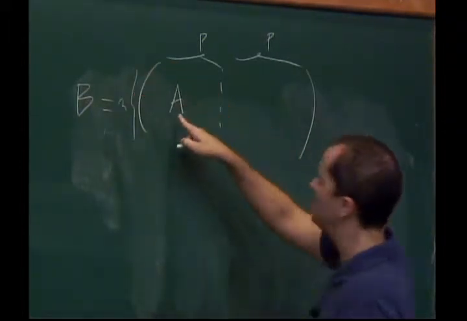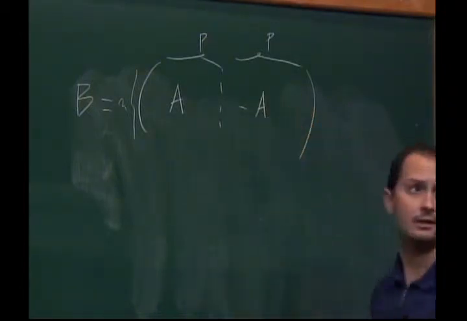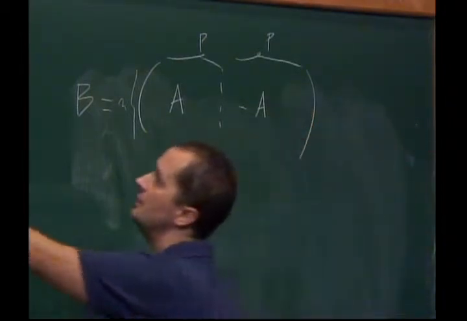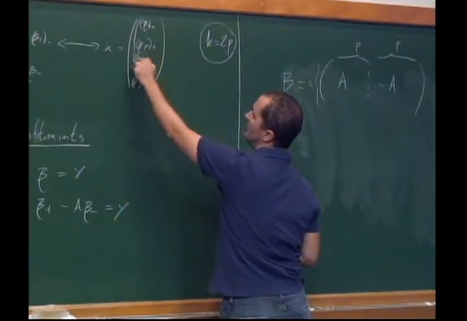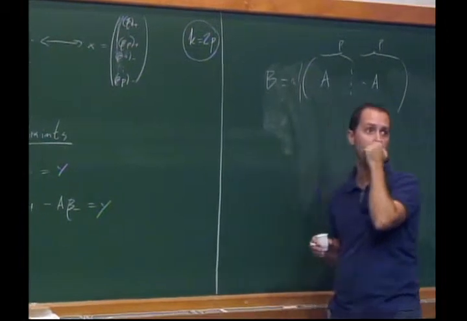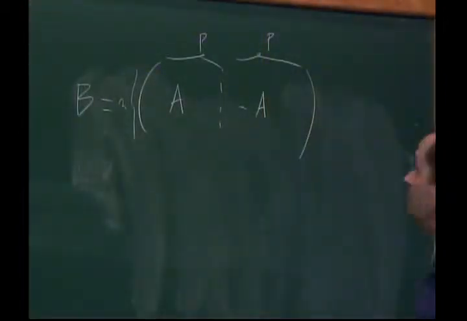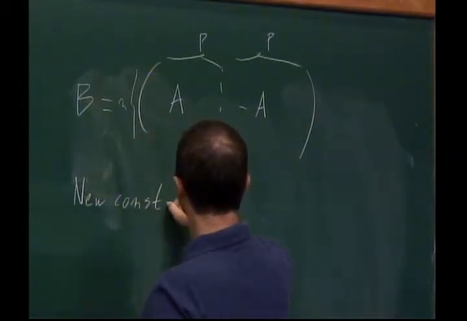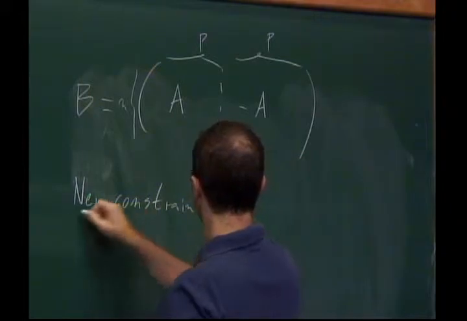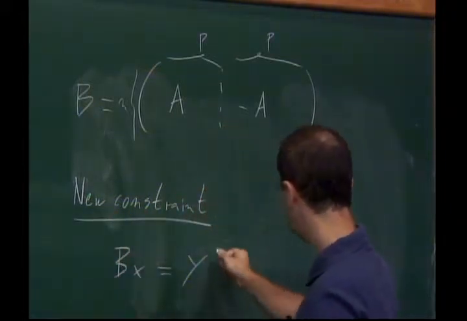And here you write down matrix A, here you write down matrix minus A. So that's what you need in order to get the positive part of beta with a plus sign and the negative part with a minus sign, just like what I wrote over here. So the new constraint becomes B x equals y. So this is going to be the vector B.